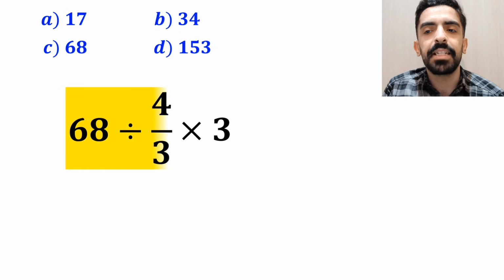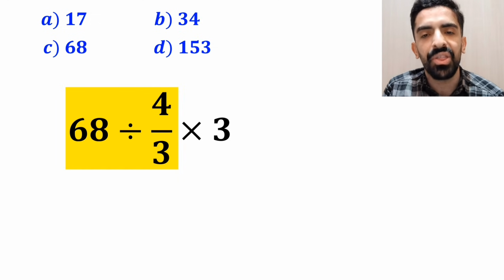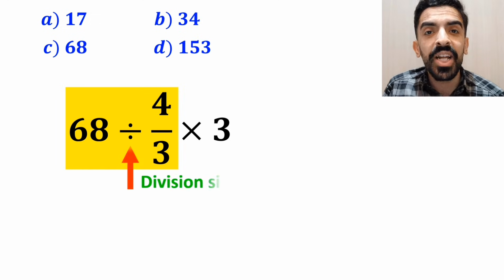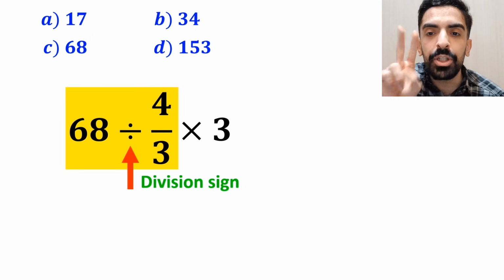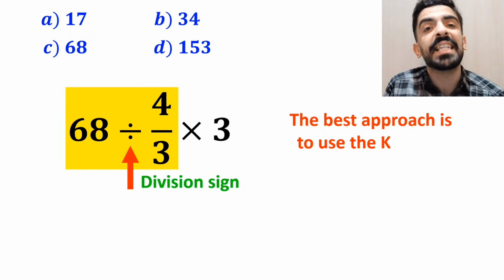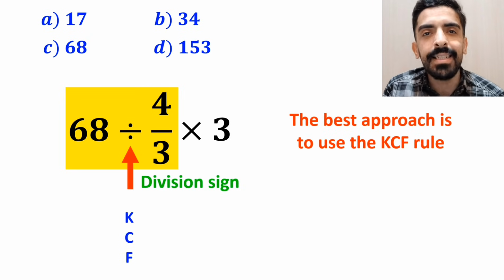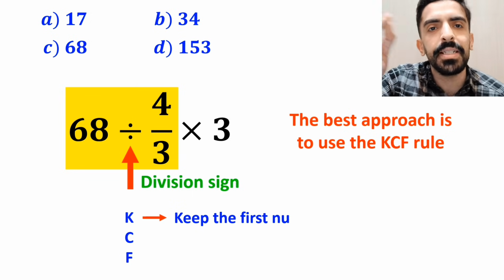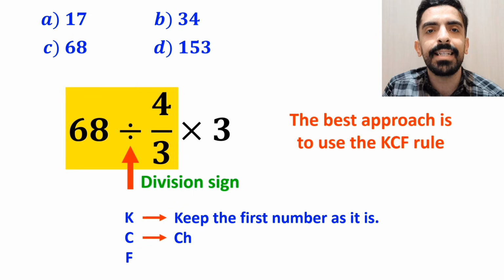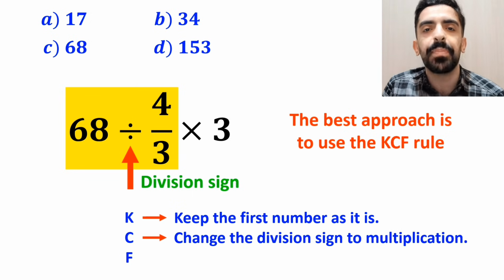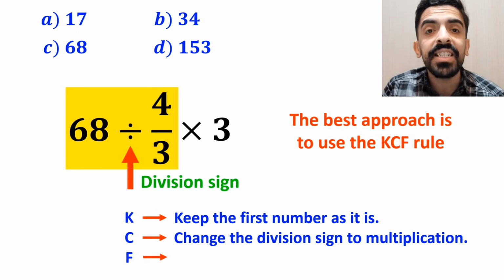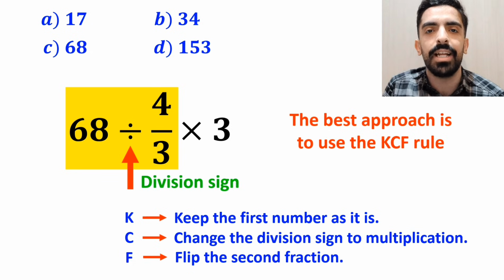So, we'll start with the expression 68 divided by 4 over 3. Okay, whenever we see a division sign between two terms, the best approach is to use the KCF rule. In this rule, K stands for keep the first number as it is, C stands for change the division sign to multiplication, and F stands for flip the second fraction.